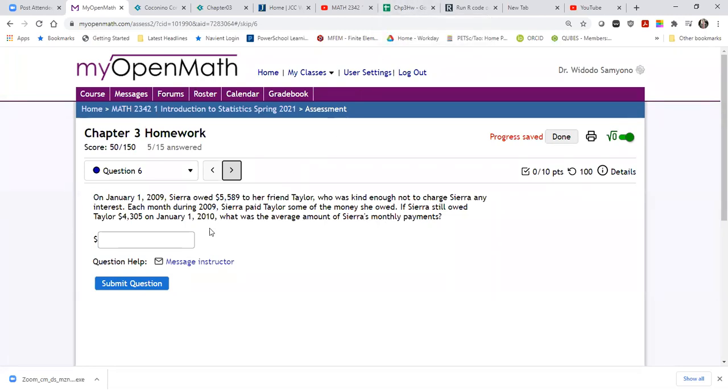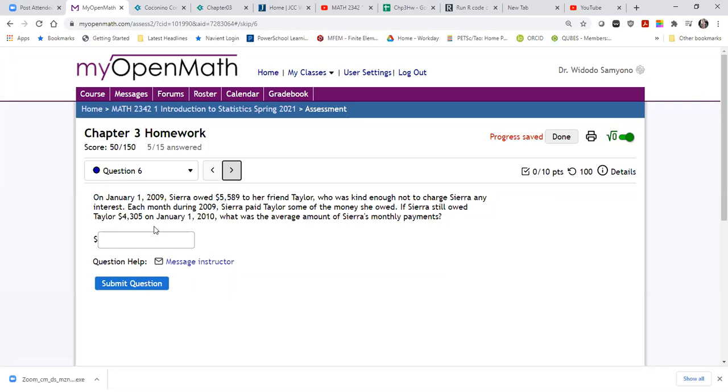You subtract the first payment with the last payment, and then divide by 12. The money that you owe the first time, subtract the money that you owe after the last month.